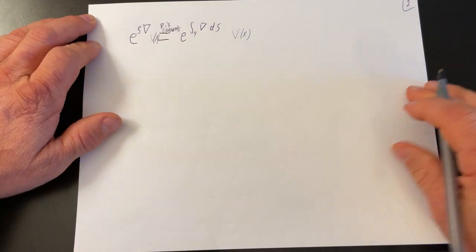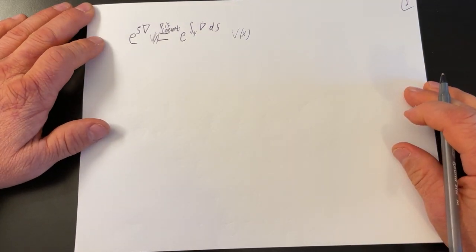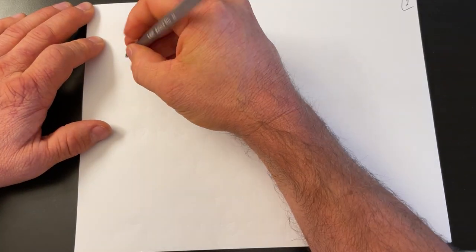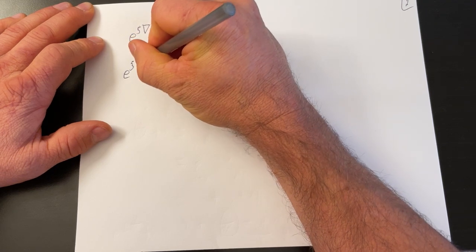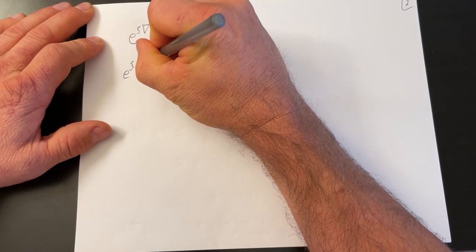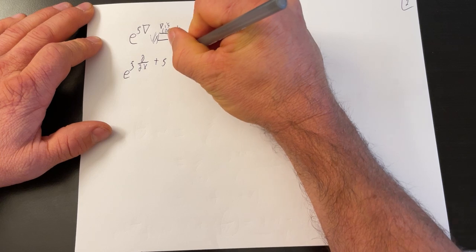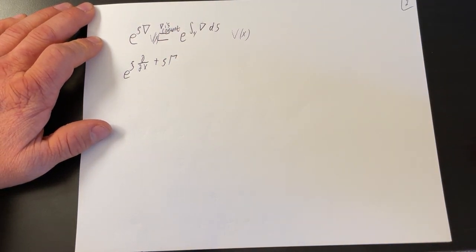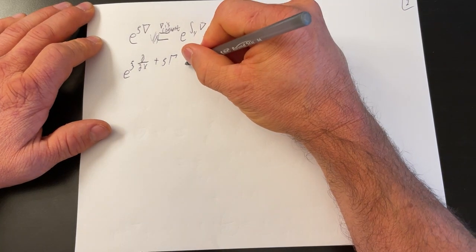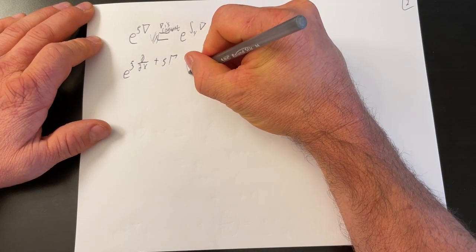All right. That caveat aside, let's think about what e to the xc d dx plus xc gamma is all about. We're going to have it act on a vector.